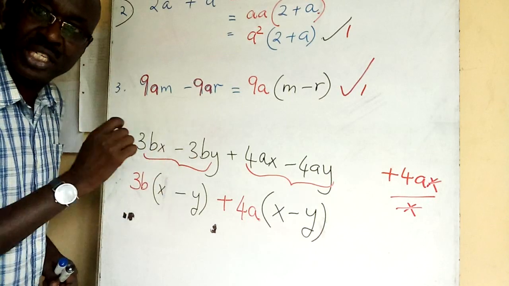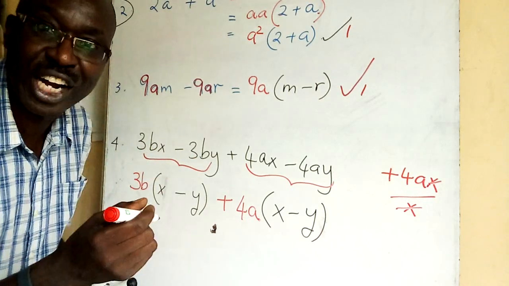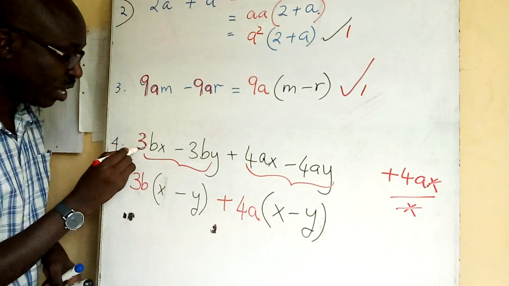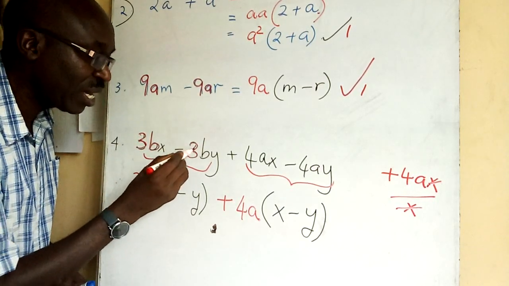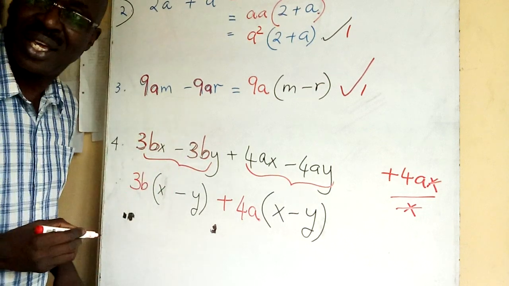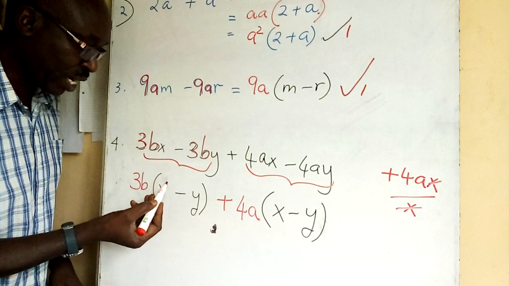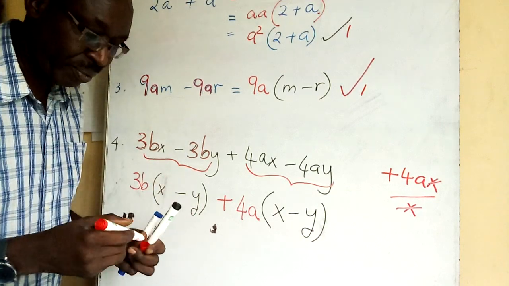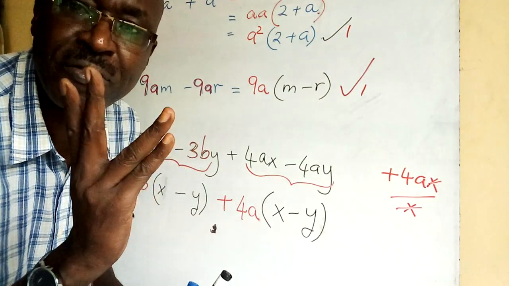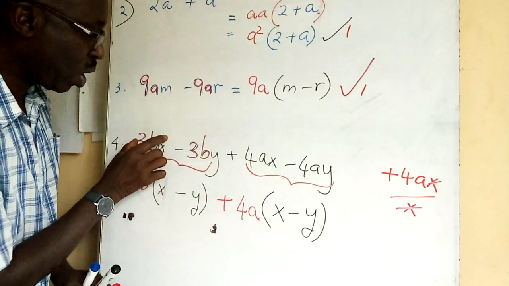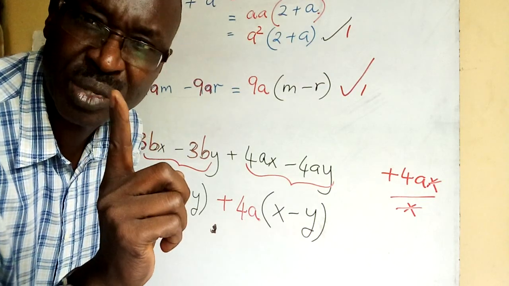Now, from this pair, what is common? Let us quickly check. I have 3 here. I have a b. I have also a 3 and a b. So I write it 3b. What is remaining in black? X minus y. Now get me clear. When you have 4 terms, 1, 2, 3, 4. 4 terms.